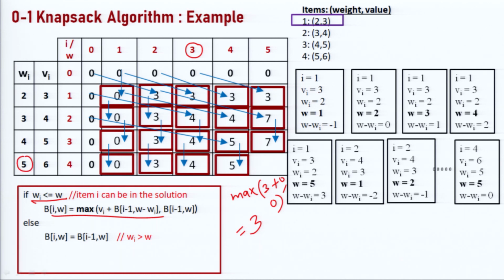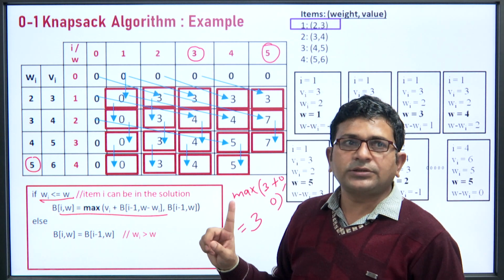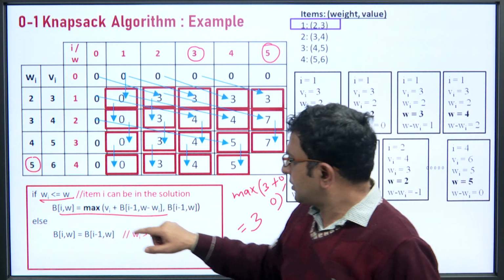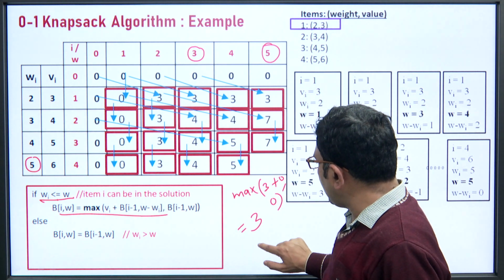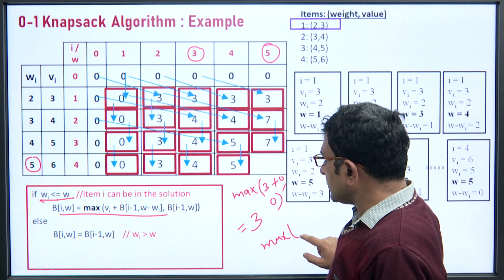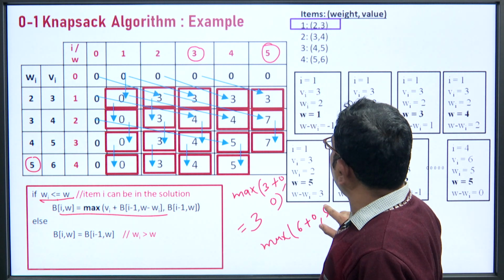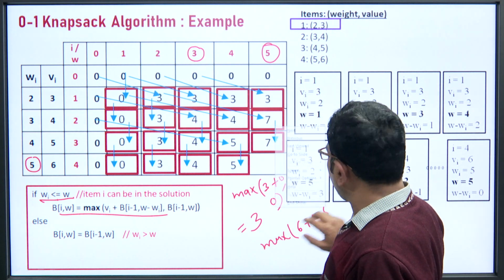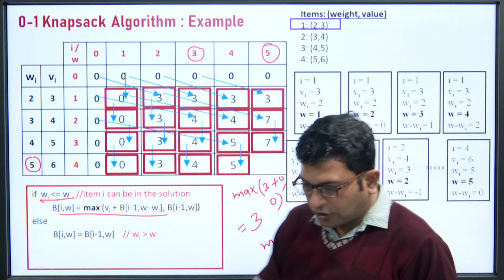That is 5, and what is the value of W? That is 5. Means W_i and W both are equal. So, this condition will be satisfied, and the maximum value is the maximum of 6 plus 0 and 7. What is the maximum value? That is 7. So, 7 will be copied over here.